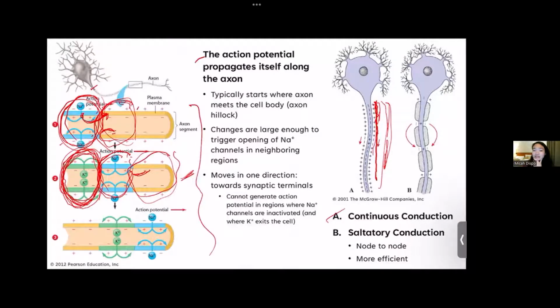While in saltatory conduction, such as what we experience in vertebrates, when the neuron is myelinated, as you can see here, so this is present in vertebrates, the myelin sheath is actually interrupted. All right, ito yung myelin sheath natin. And you can see that there are some gaps at the interval. So these are interrupted in a way that the axon here, this is our axon, this purple one.